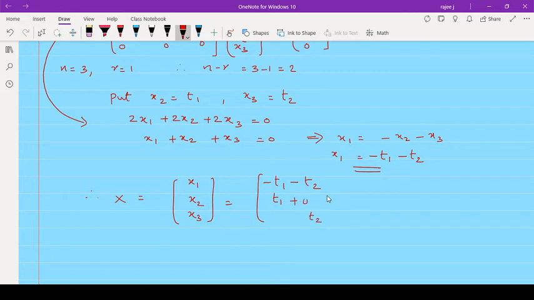Here I will write 0 t2. Here I will write 0 t1 plus. Okay, so this is equal to, again split this into 2.